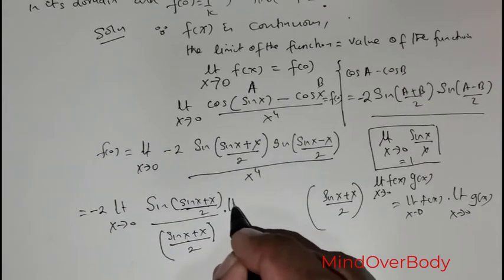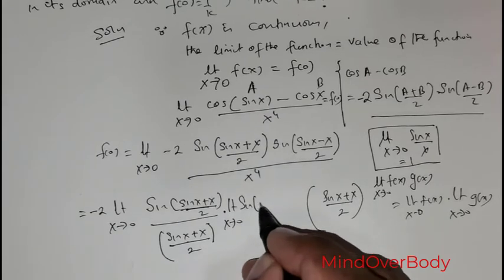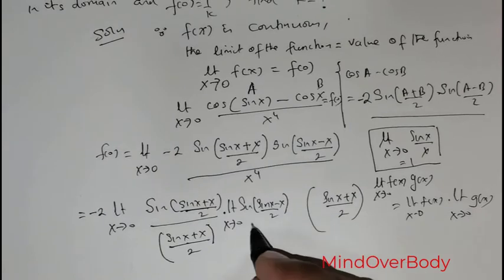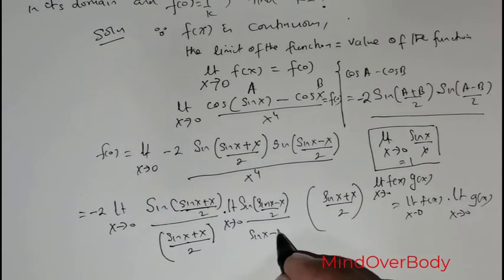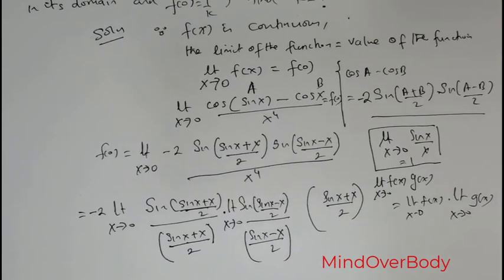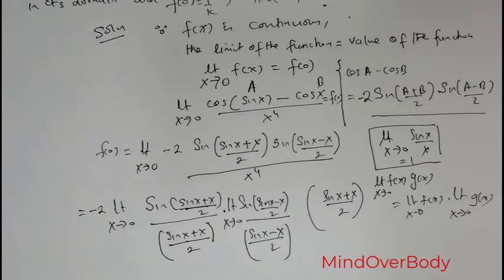So this is multiplied with limit x tending to 0 of, for this quantity, sine of (x minus x) divided by 2. So I'm going to have sine of (x minus x) divided by 2. So that is already there. Once I place this, I will have to multiply this with the sine x quantity.